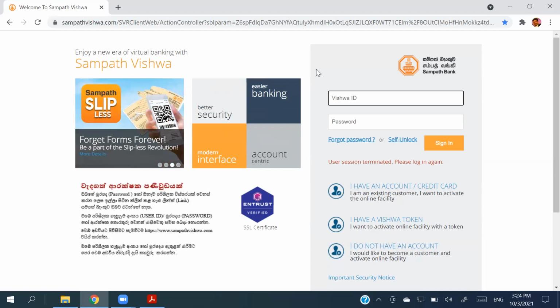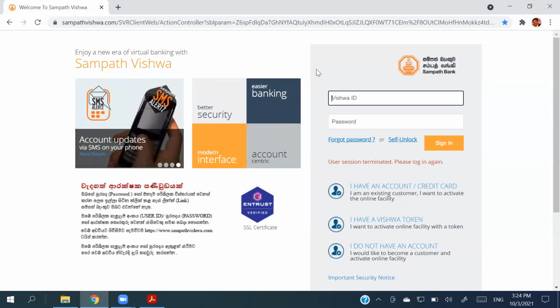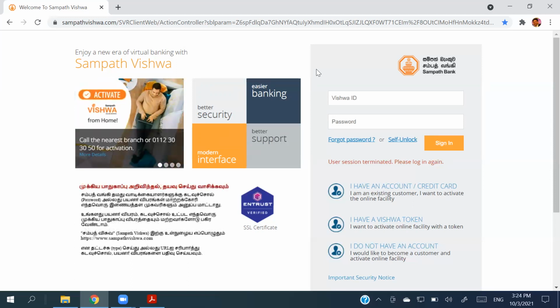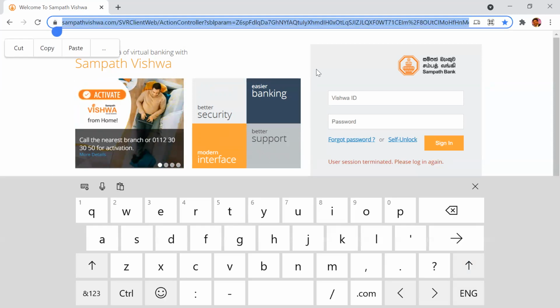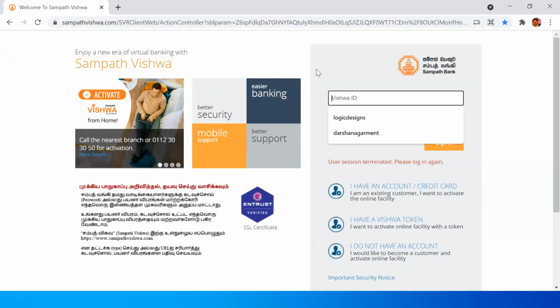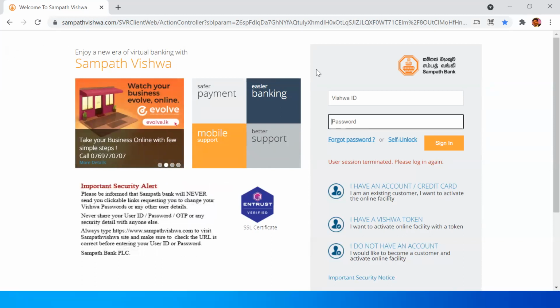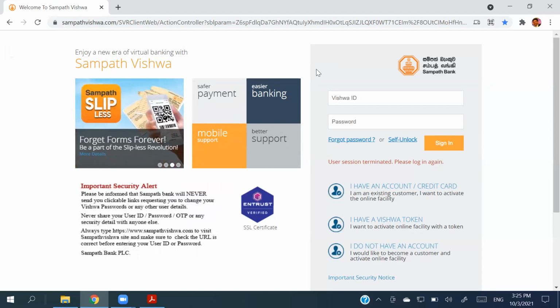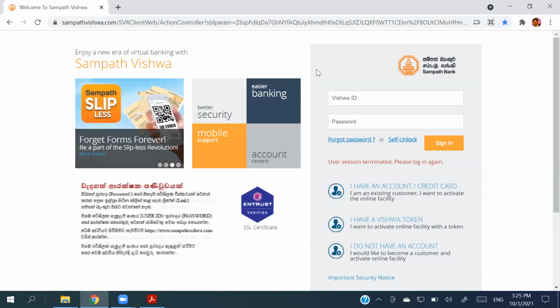If you do not think properly, you will just click on that link and this kind of web page opens, and you are not bothering about this address, whether it is genuine or not. You just input your username and the password here, right? So unknowingly, you are inserting your username and password into the phisher's web page.